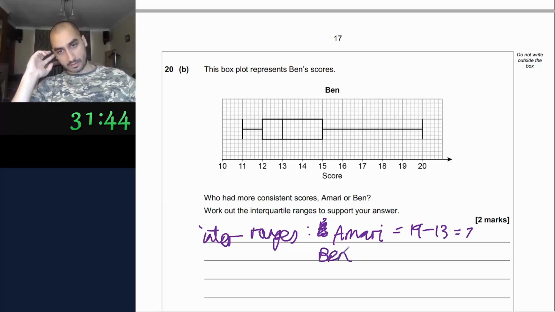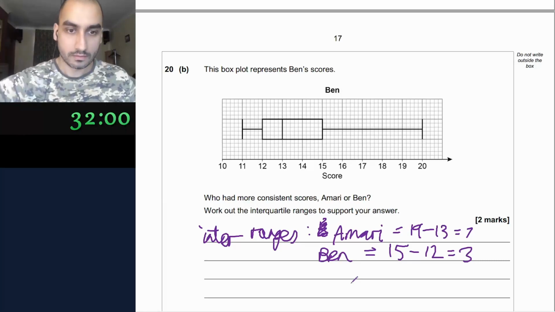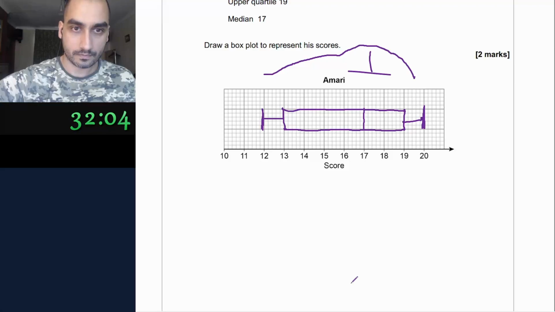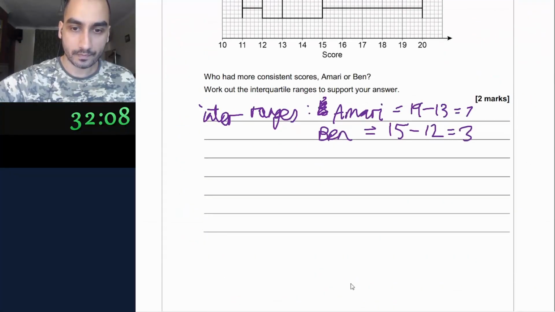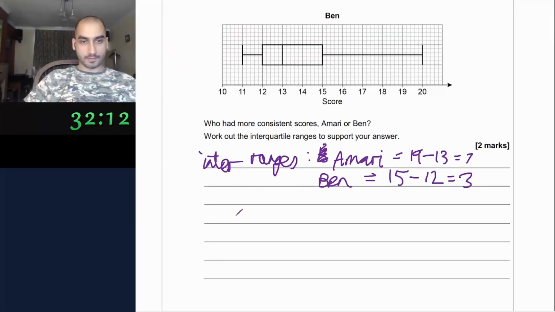Ben equals 15 minus 12 equals 3. So it seems Ben had a tighter, more consistent spread. I mean, 50% of his.